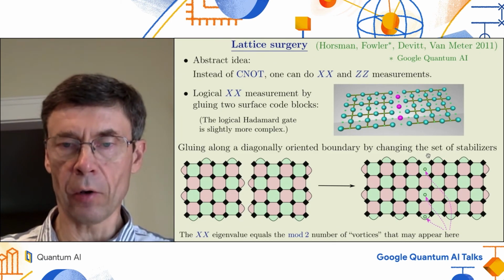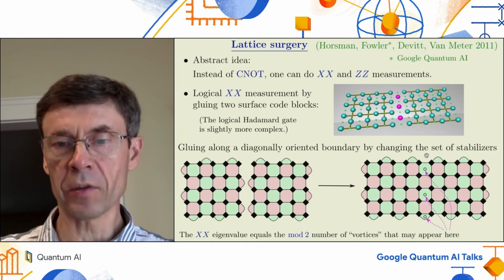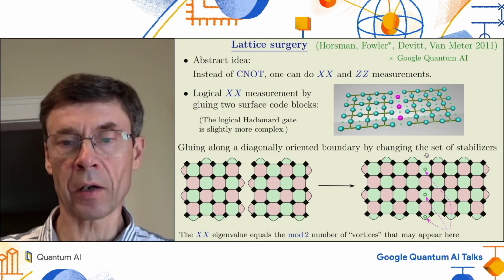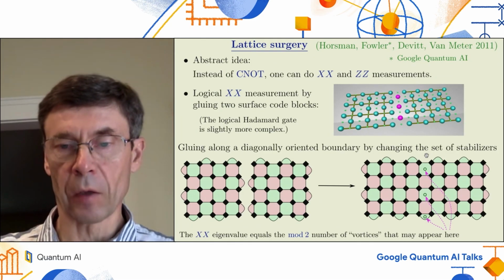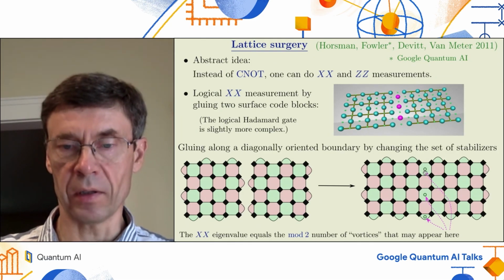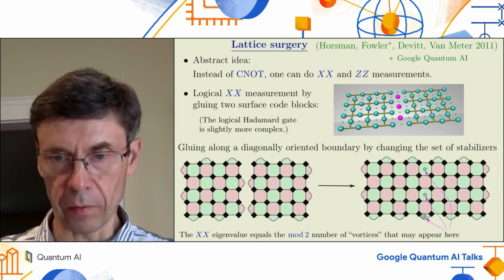And as we do so and measure the stabilizers, we may find some errors, so to speak. These are not actual errors. We'll just find a non-zero syndrome, which shows as a set of vortices at those dots.